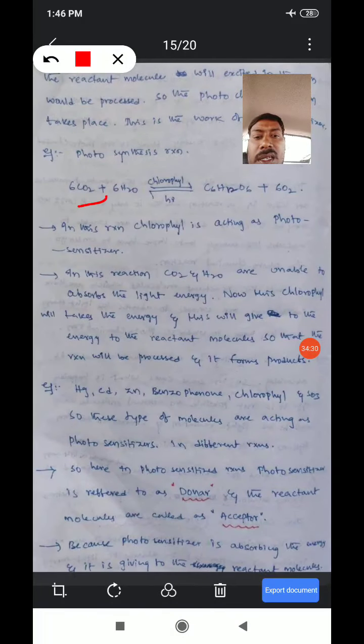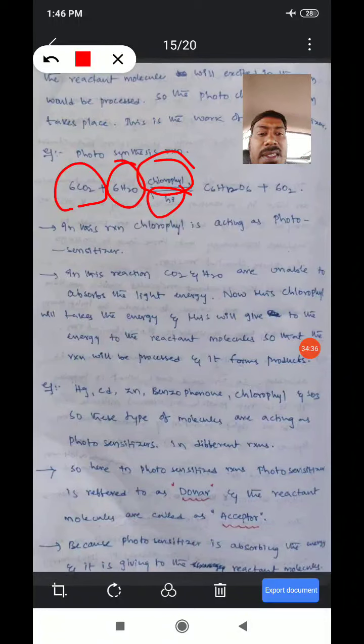In this reaction, chlorophyll is acting as a photosensitizer.